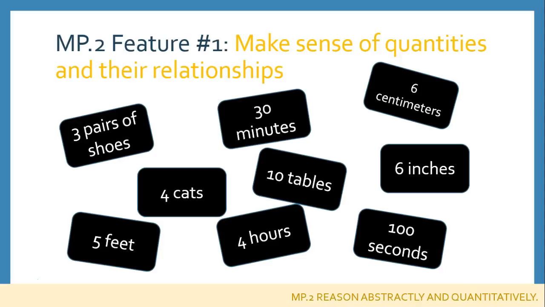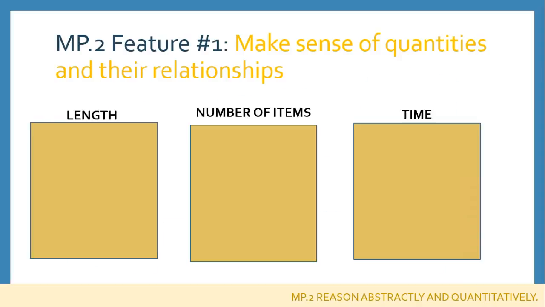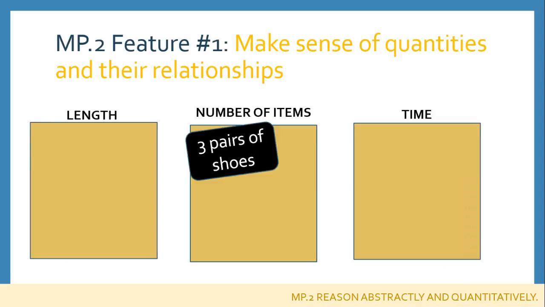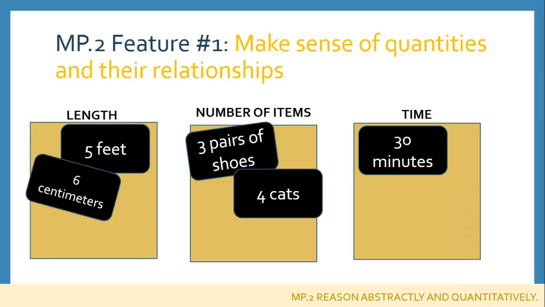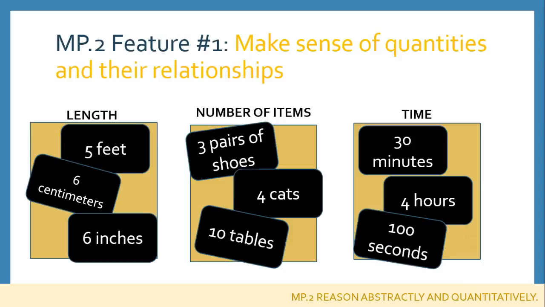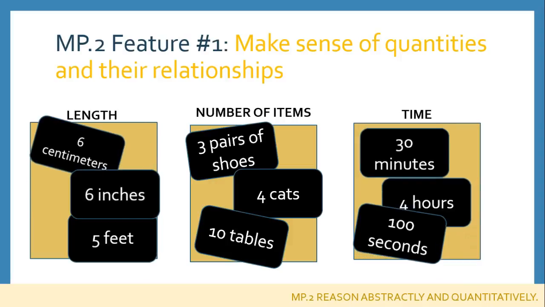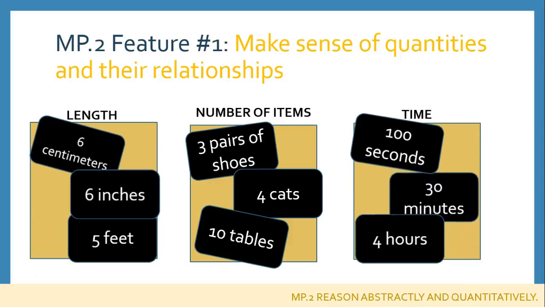You could then ask them to sort the cards according to categories that you provide. You could even ask them to order the cards from least to greatest. Ask students to explain their reasoning to each other as they make decisions about the quantities and their relationships.